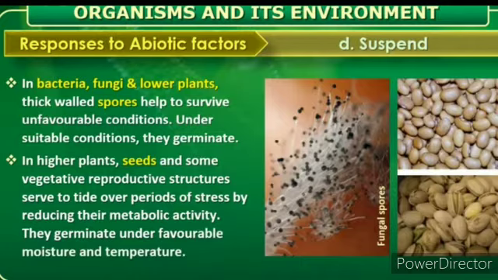In higher plants, seeds and some other vegetative reproductive structures serve as means to tide over periods of stress besides helping in dispersal. They germinate to form new plants under favourable moisture and temperature conditions. They do so by reducing their metabolic activity and going into a state of dormancy.